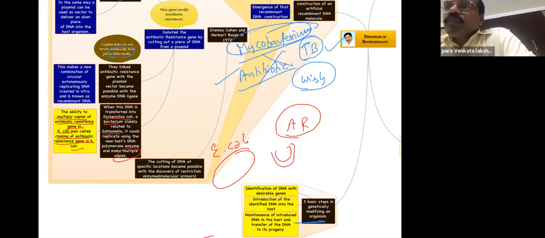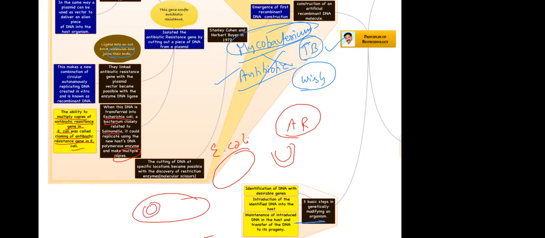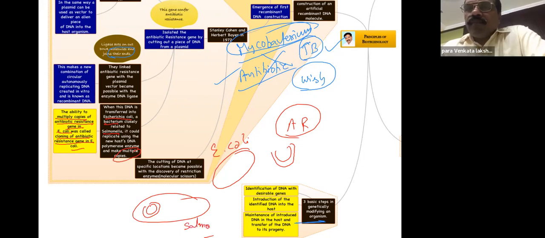See, this is the bacteria, and here this is the plasmid which is there in the bacteria. This bacteria is what is called Salmonella. You know that typhoid is because of this Salmonella only. Salmonella typhi and Salmonella paratyphi are responsible for typhoid.